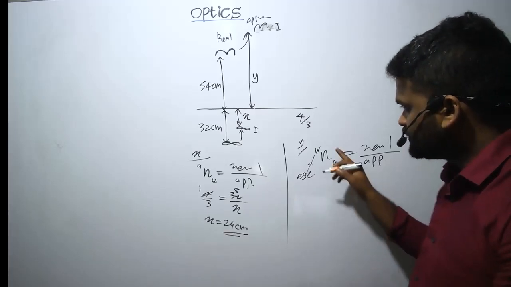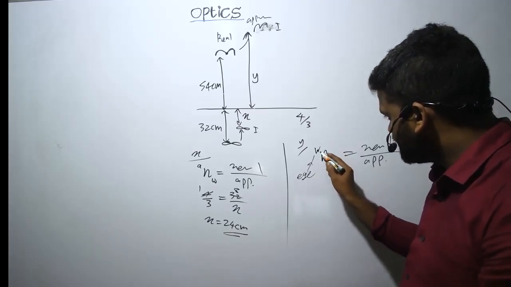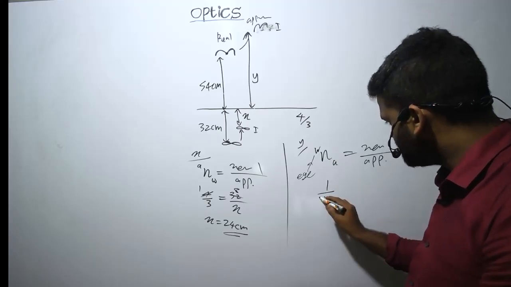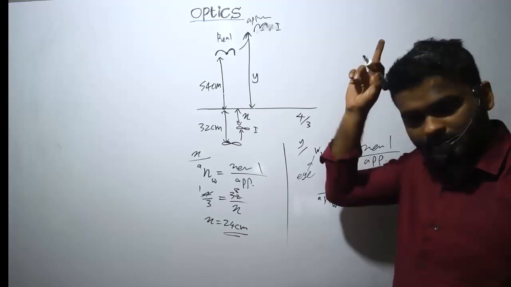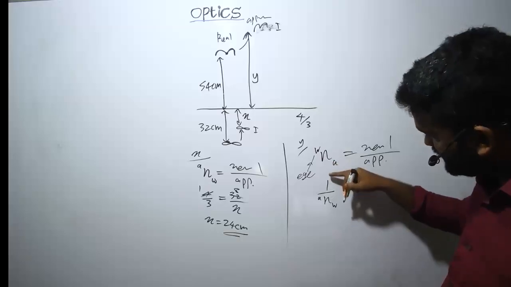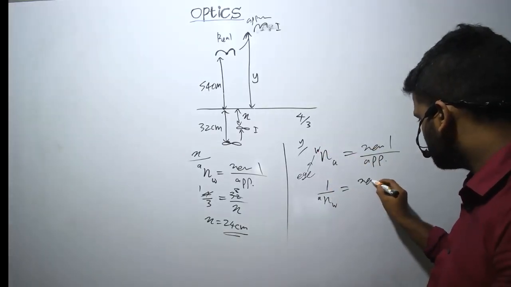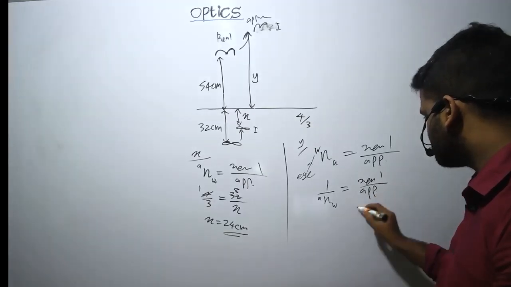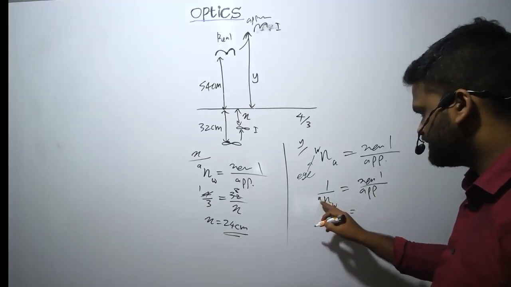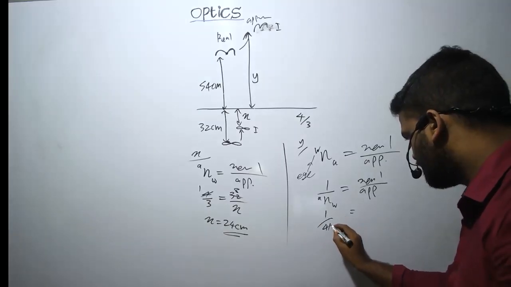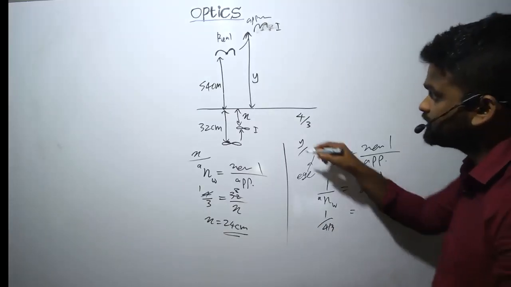So we know that you can write this as 1 over nAW. Remember the earlier ones? You can change the positions. Real divided by apparent. So what is this? AW means 4/3, equals real depth.